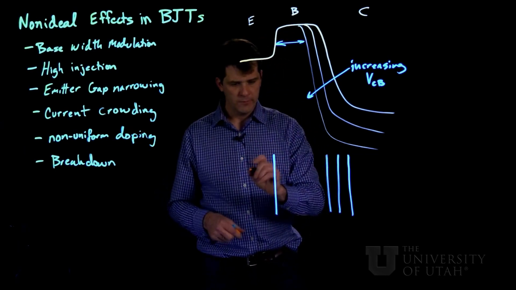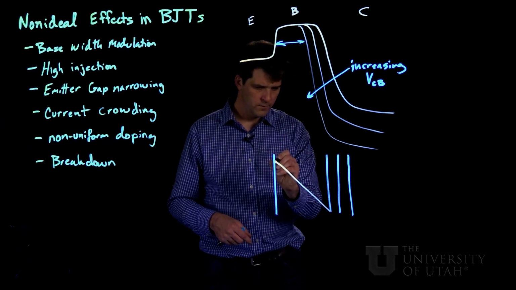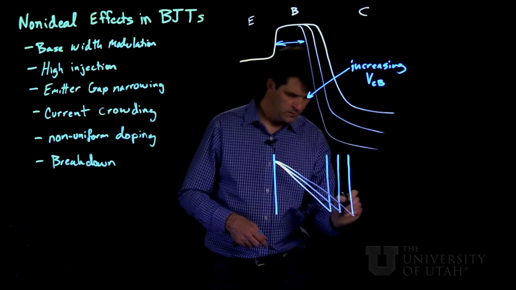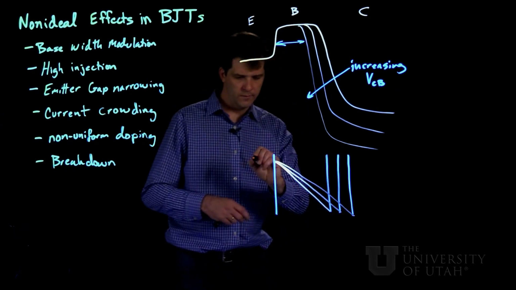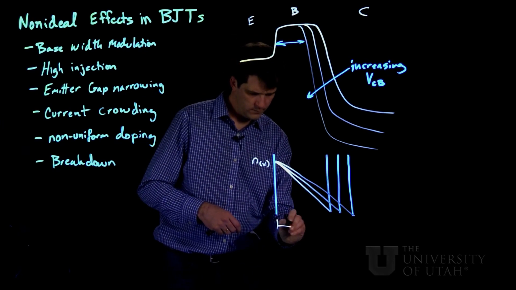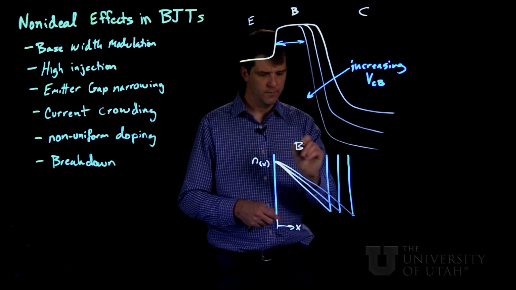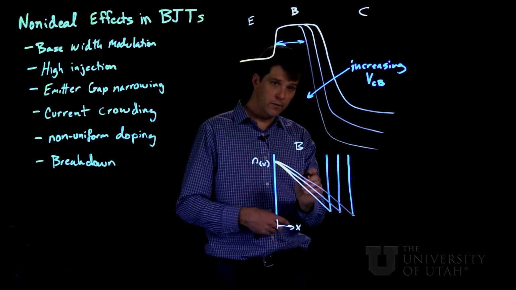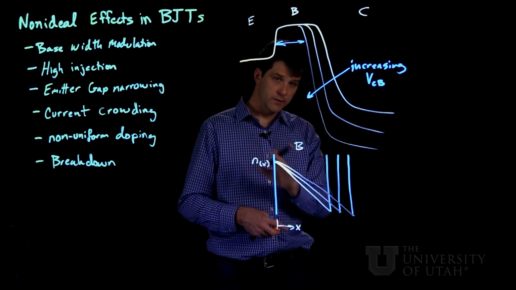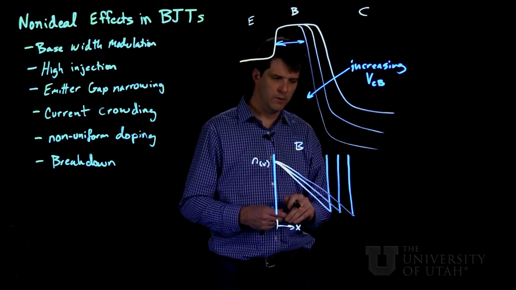And on this plot, I'm going to plot the minority carrier densities n as a function of x inside the base region. And so this means the slope of our carrier distribution is getting steeper and steeper and steeper as the base gets narrower.